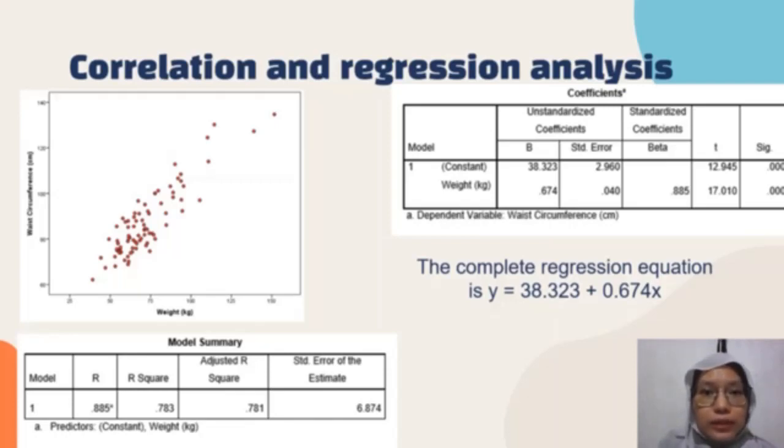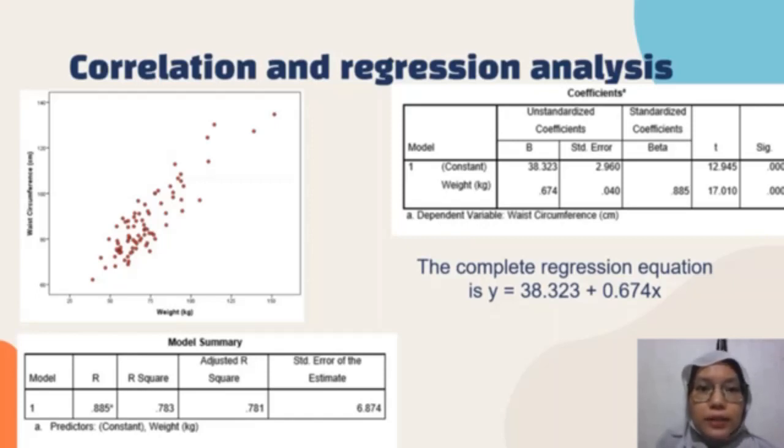Based on this table of model summary and coefficients, the Pearson correlation is 0.885, which means that there is a strong positive correlation between weight and waist circumference of a person. This can also be seen from the scatter plot.